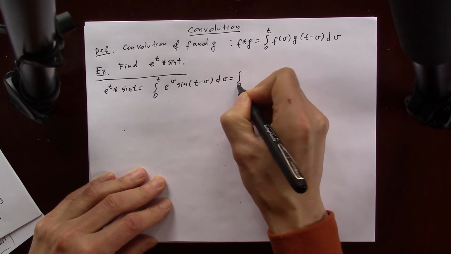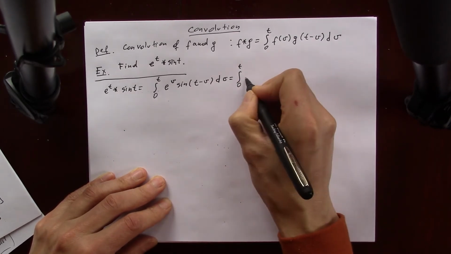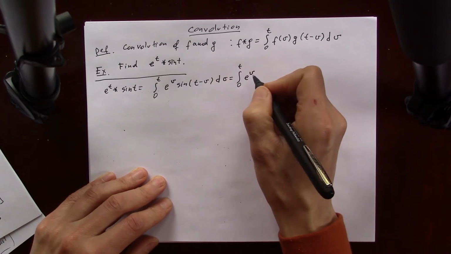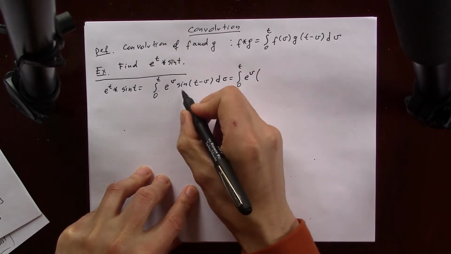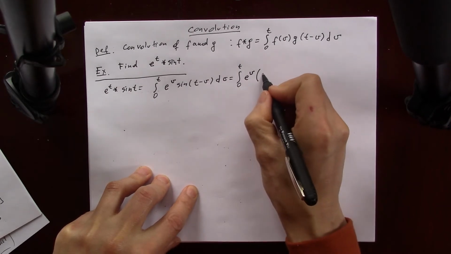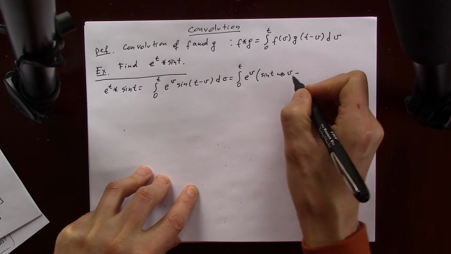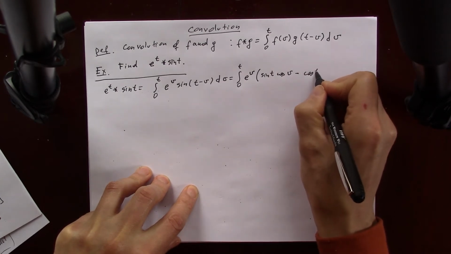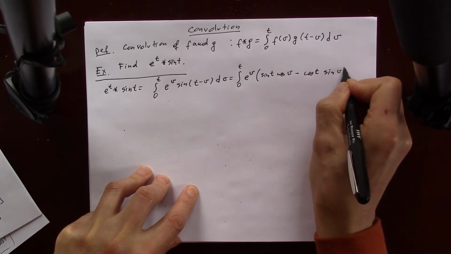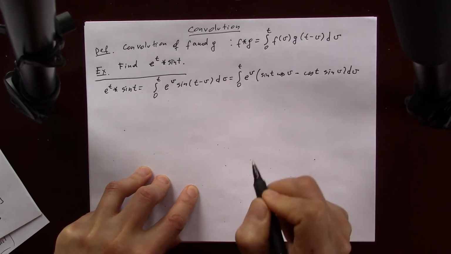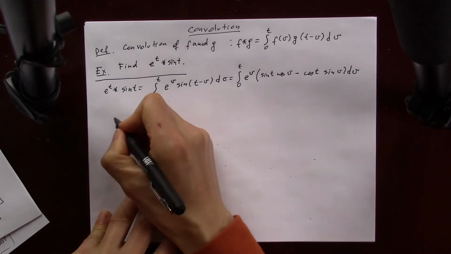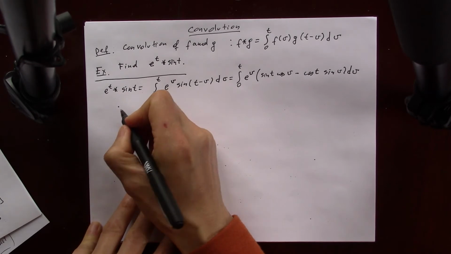That equals the integral from 0 to t of e to the v times sine of the difference, which equals sine t cosine v minus cosine t sine v, dv. Recall a few properties of integrals.